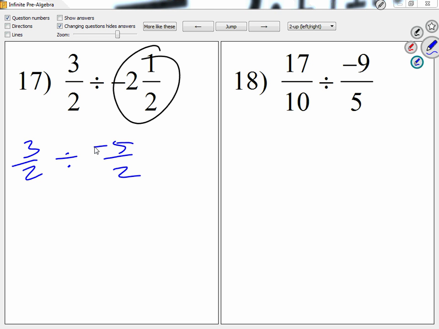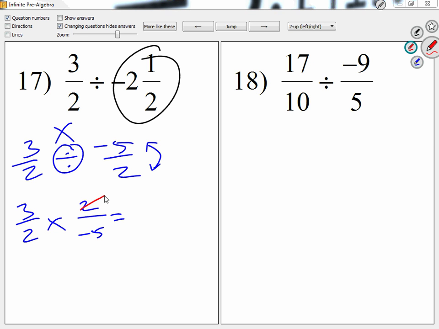I think we know how we got the 5, so negative 5 over 2. Now that we have no mixed numbers, we're going to change the division to times, but we're going to flip the second fraction. Not any fraction, it's the second fraction. So let me write this as 3 over 2 times 2 over negative 5.